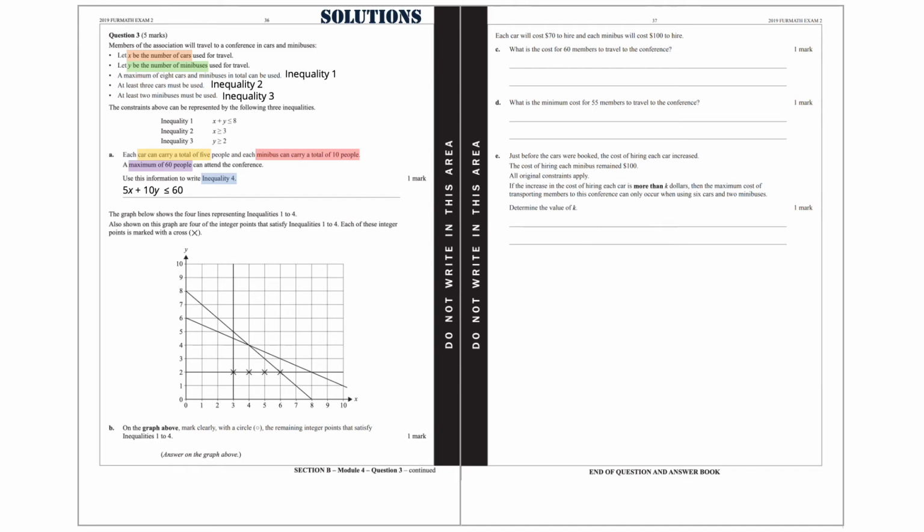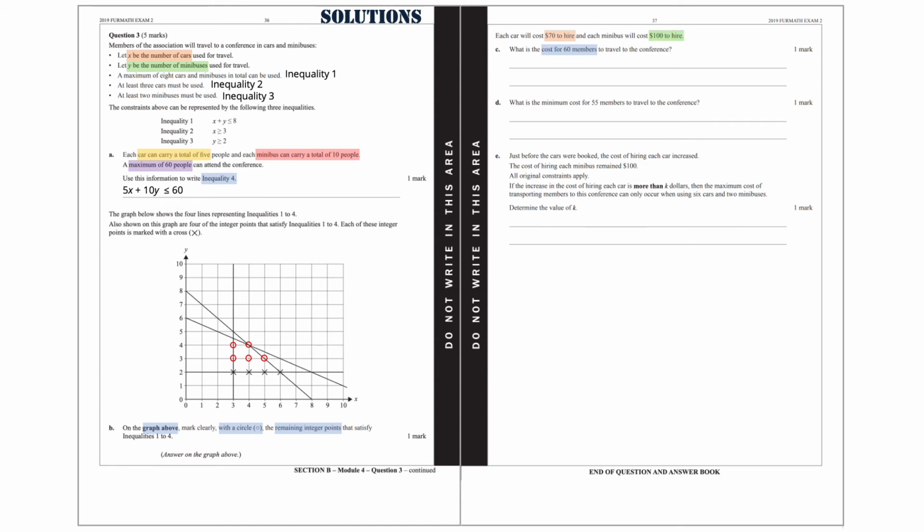Part B. On the graph above, mark clearly with a circle the remaining integer points that satisfy inequalities 1 to 4. These points have coordinates 3 and 4, 3 and 3, 4 and 4, 4 and 3, and 5 and 3. Each car will cost $70 to hire, and each minibus will cost $100 to hire.